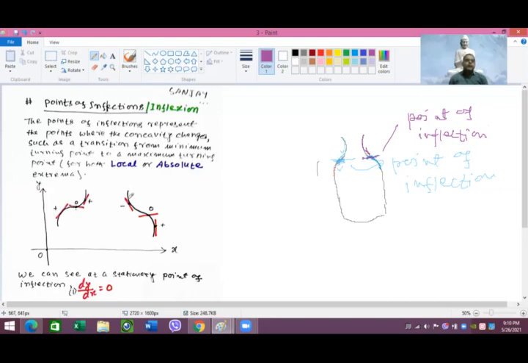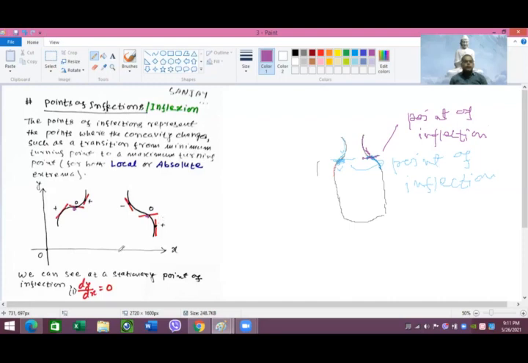Here the gradient starts from negative, and at this point, while changing concavity, the gradient is 0, and then again negative. So the change in dy/dx is from positive to positive, and here negative to negative, in the same direction. Then you can be definite that there is a point of inflection between these two. So here there is a point of inflection, and here also there is a point of inflection.